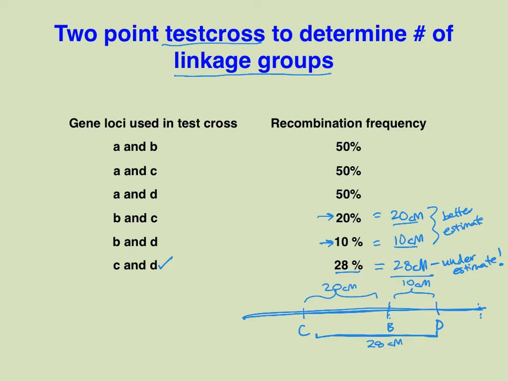Okay, so we've got C, B, and D here on a chromosome, and then we've got A and D right here, experiencing recombination between them 50% of the time. Well, so should we put A out here on the chromosome?